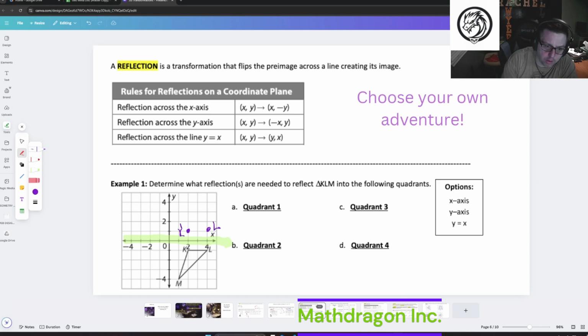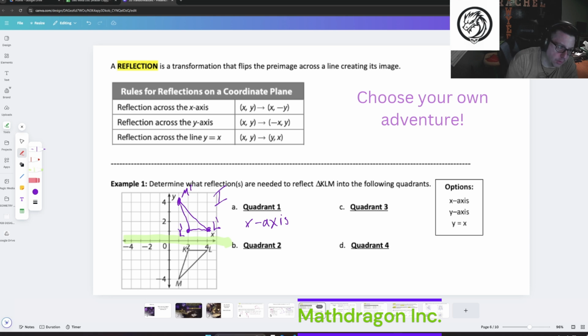L comes here, we call it L prime. And then M is going to be 1, 2, 3, 4 away, and this becomes M prime. This is our same figure, just flipped over the x-axis. This is quadrant 1, so we're reflecting it across the x-axis.